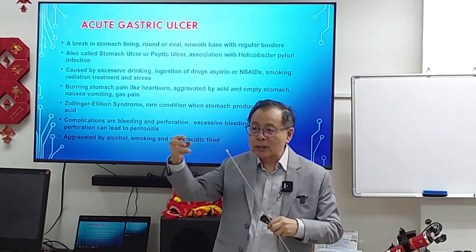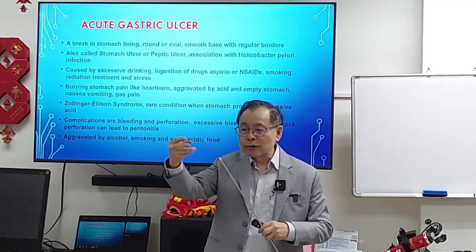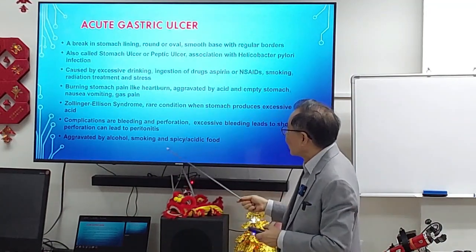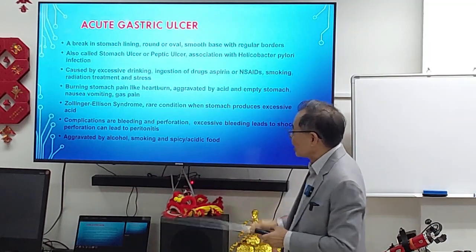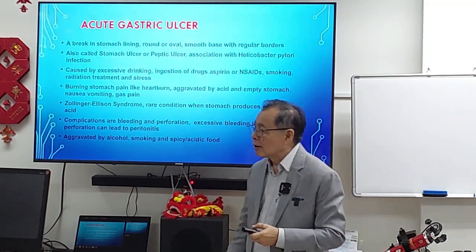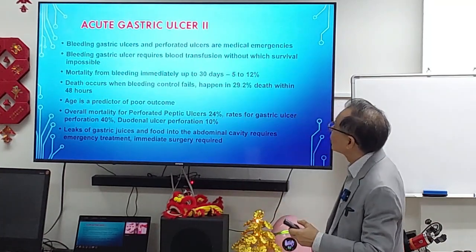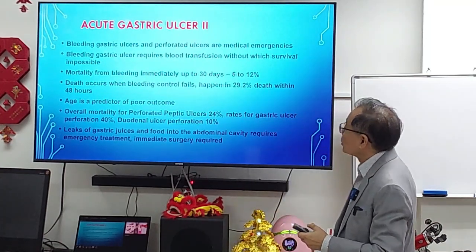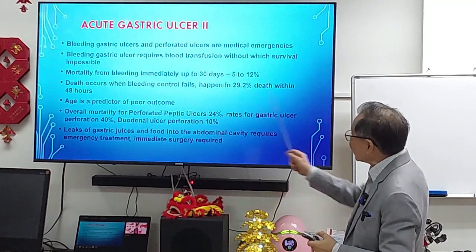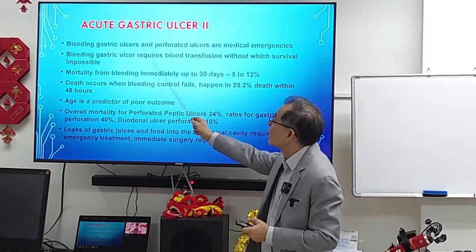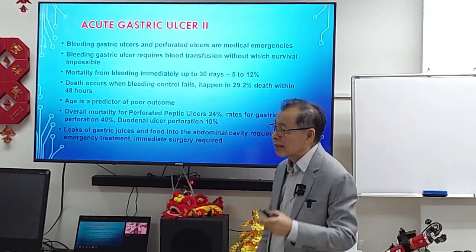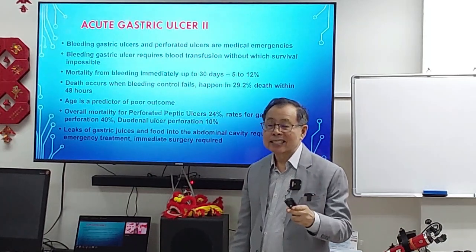So there's a hole from the stomach leading into your peritoneal cavity. And of course it's aggravated by all these things, alcohol, smoking, and certain foods. So bleeding gastric ulcers and perforated ulcers are emergencies.